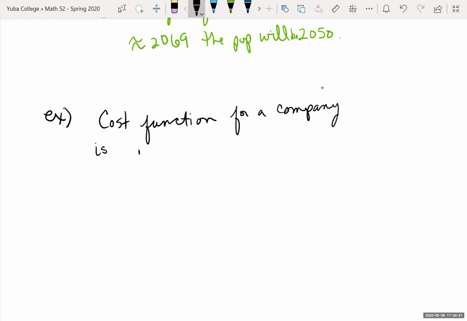And I'm coming up with this in my head, so it might not be as pretty as some other things. Is C of X, let's say, is X squared minus 10X plus 16.